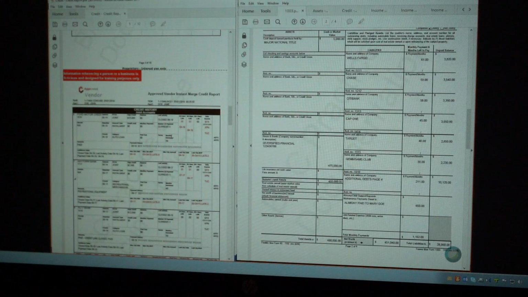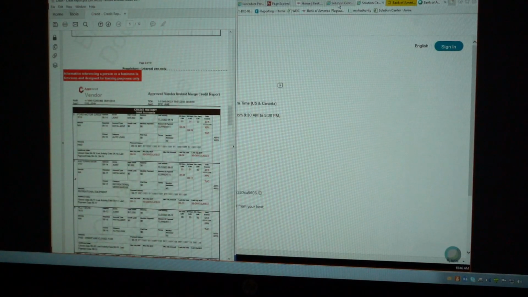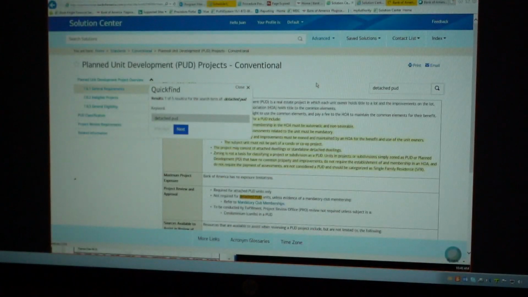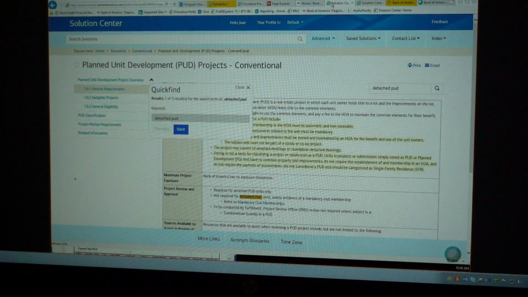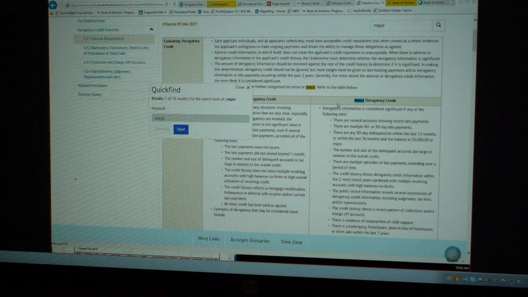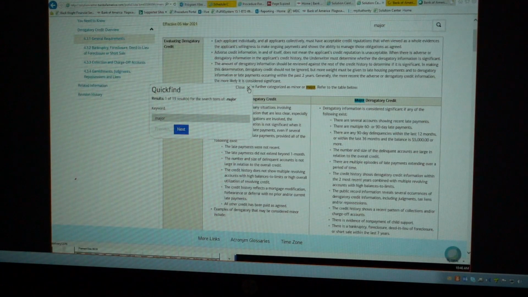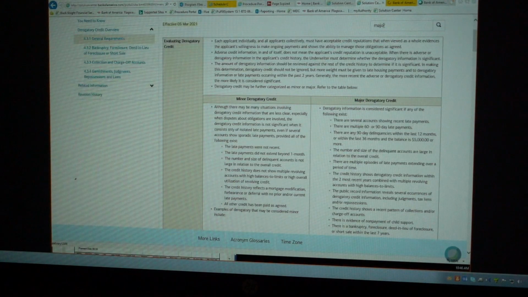Let me pull up the policy so you guys can see it for the derogatory credit. I think I have it open. Yep. So, the policy for derogatory credit: I went into the live derogatory credit link that I gave you, searched for "major," and this came up.